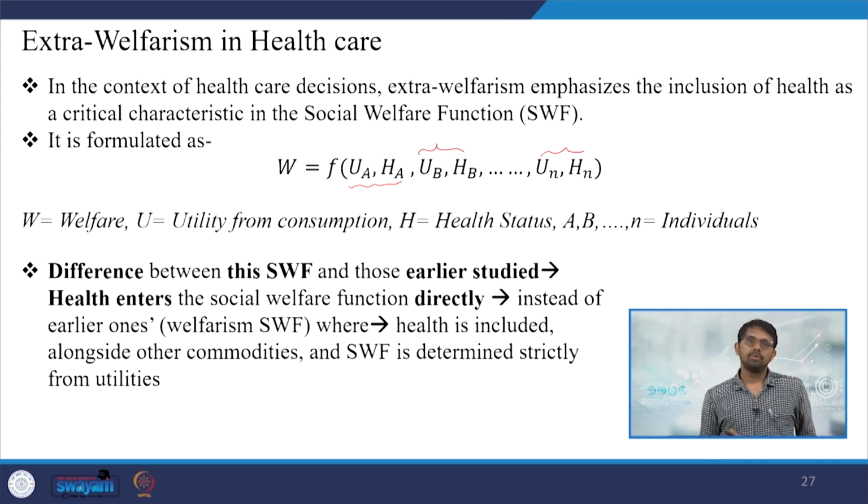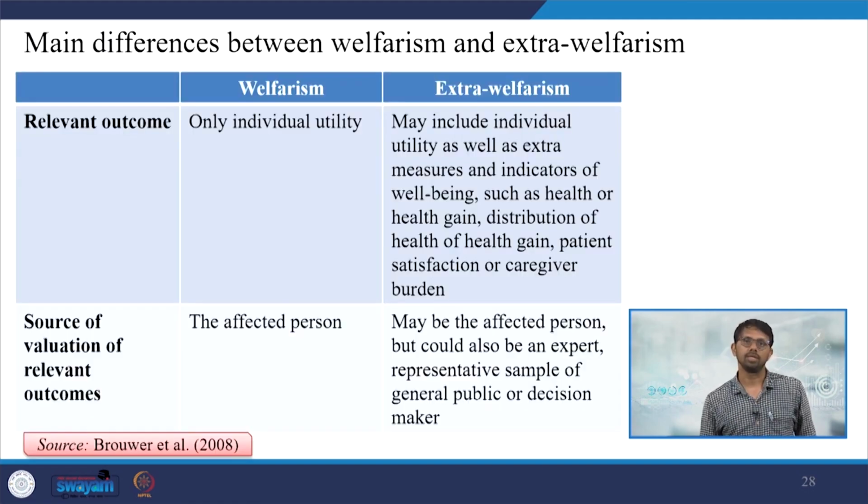The difference with the social welfare function studied earlier is that health enters the social welfare function directly, instead of the welfarism SWF, where health is included alongside other commodities and the social welfare function is determined strictly from the utilities.